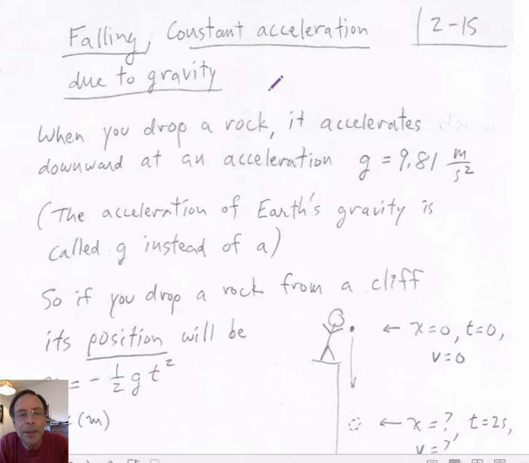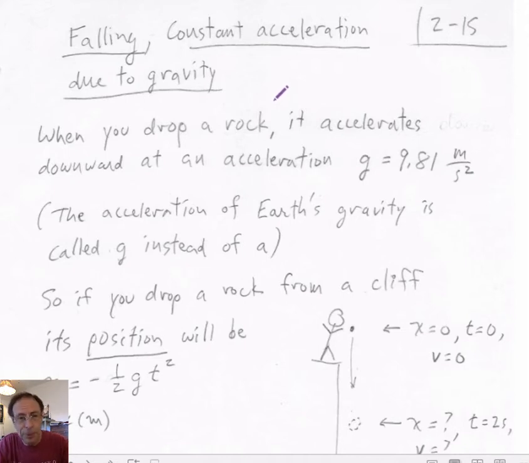Our next topic is falling. When an object falls under the influence of gravity, it accelerates. The acceleration is constant, and it'll keep going faster and faster and faster unless air resistance, air friction gets in the way.